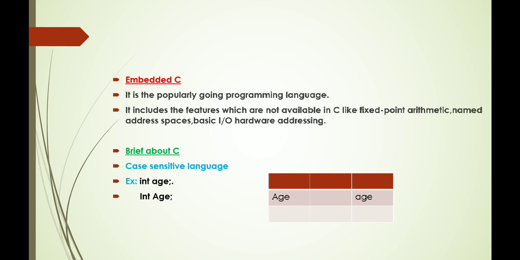In this block diagram, the computer arranges different memory spaces for these two variables. The variable with small letters is stored here, and the other one is stored here. Both are stored in different memory spaces.